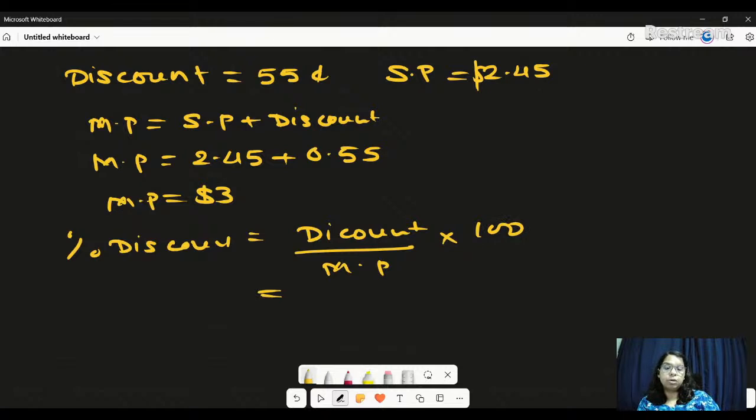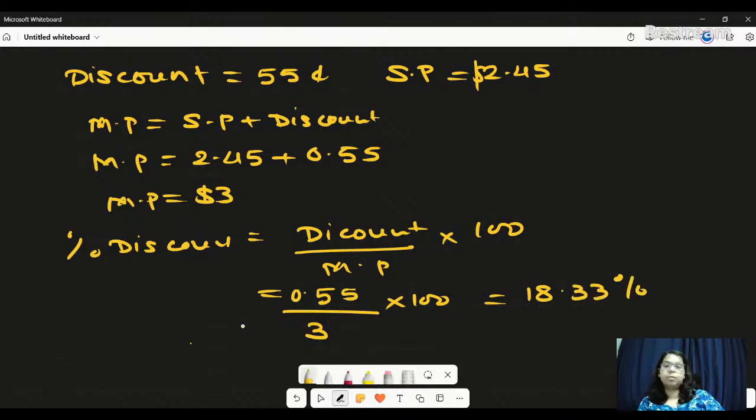So that is equal to 0.55 divided by 3 multiplied by 100. 0.55 divided by 3 will give you 18.33%. So this is how we work out the discount.